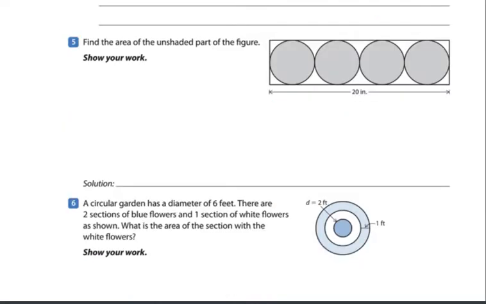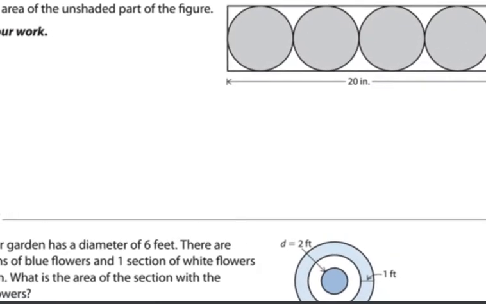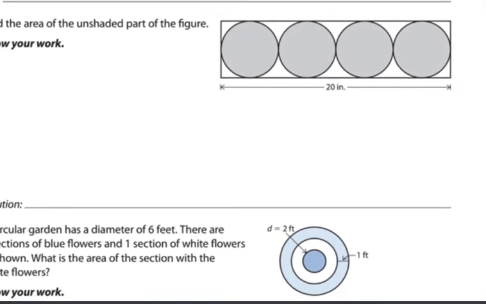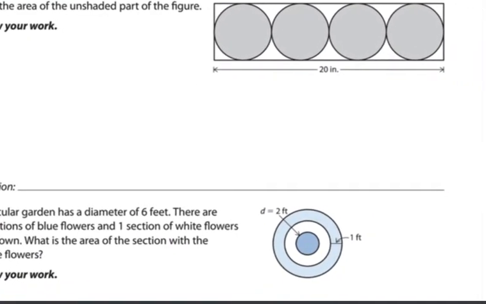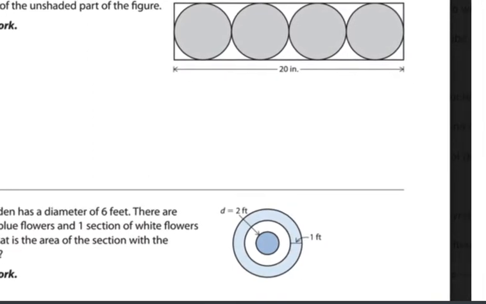This next problem is interesting because when you first look at it, I think a lot of students will think that there is not enough information. But it wants us to find the area of the unshaded part. Well, I need to find the area of these circles and then take them out of the area of the rectangle. There are several things you might notice.